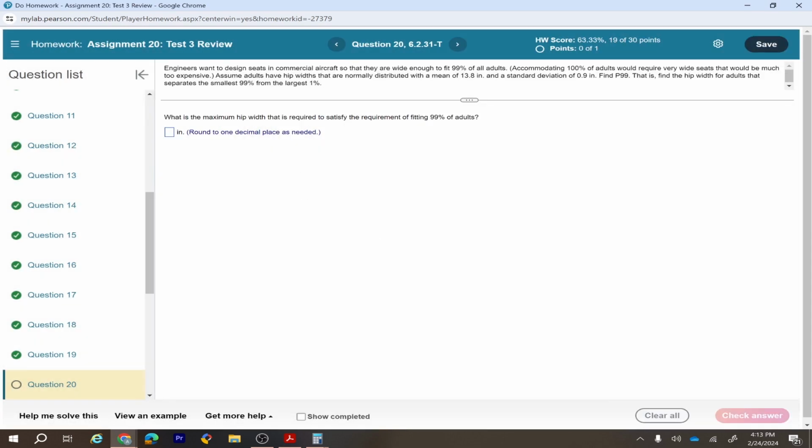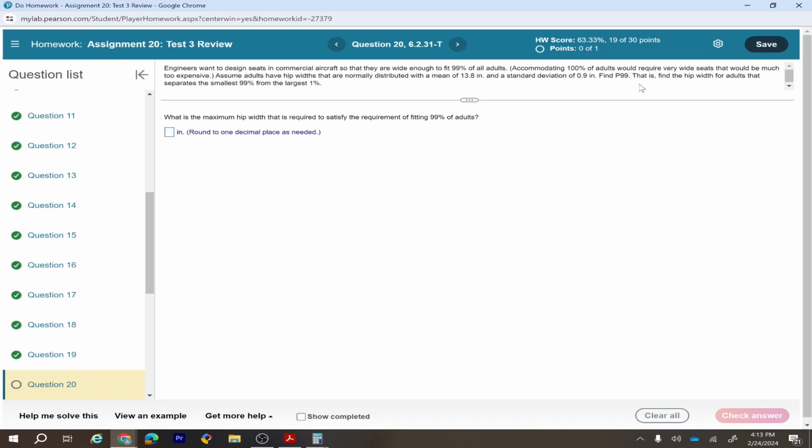Okay, engineers want to design seats in commercial aircraft so that they are wide enough to fit 99% of all adults. Accommodating 100% of adults would require very wide seats that would be much too expensive. Assume adults have hip widths that are normally distributed with a mean of 13.8 inches and a standard deviation of 0.9 inch.